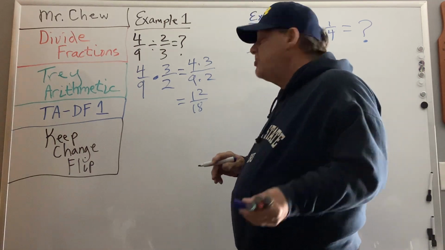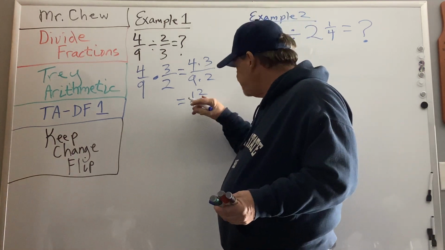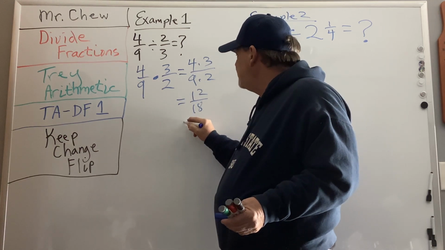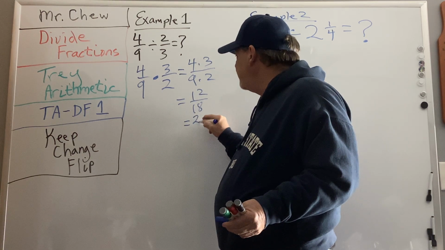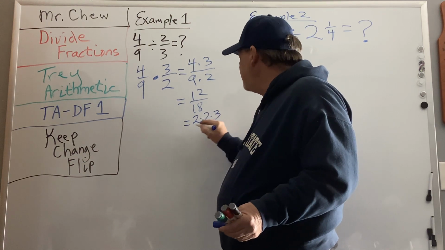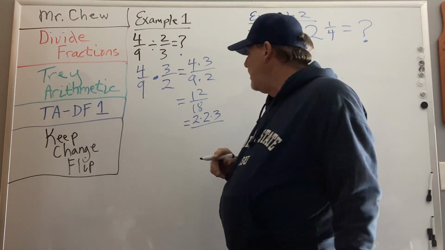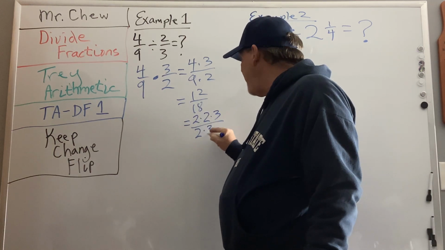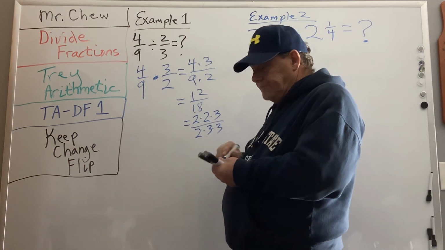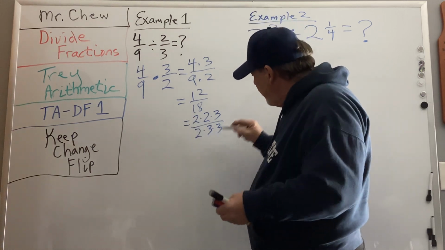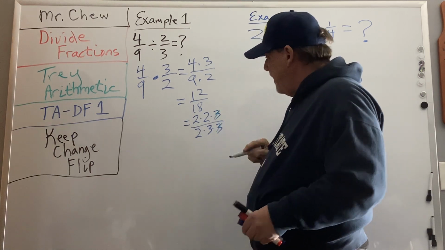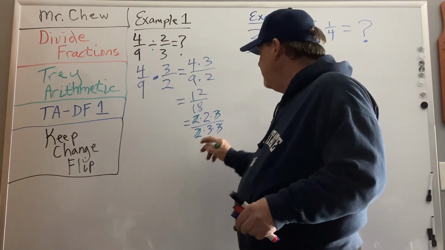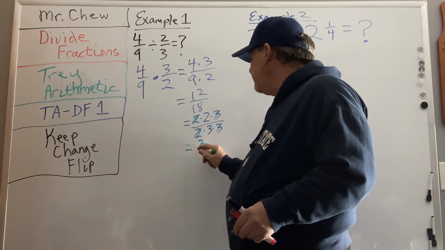The way that I show people to reduce this is to break 12 into its prime factors: 2 times 2 times 3 is 12. And break 18 into its prime factors. And 3 over 3 is 1, and 2 over 2 is 1. So the answer is 2/3.